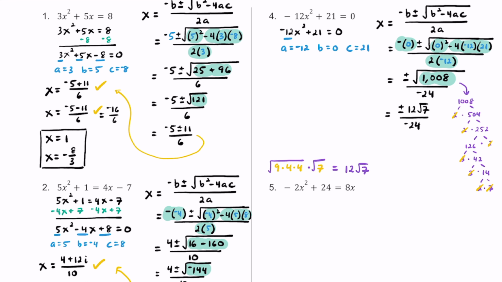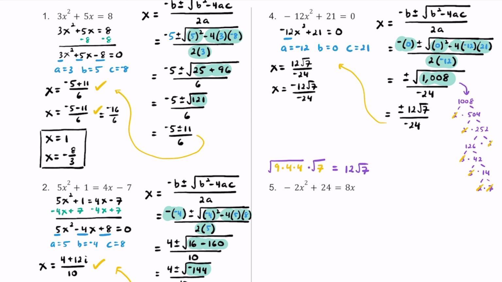Okay, so let's separate this out over here. Again, we can divide this out, but I'm just going to take my time here and say x is equal to positive 12 root 7 over this negative 24. And we also have x is equal to this negative 12 root 7 over negative 24.